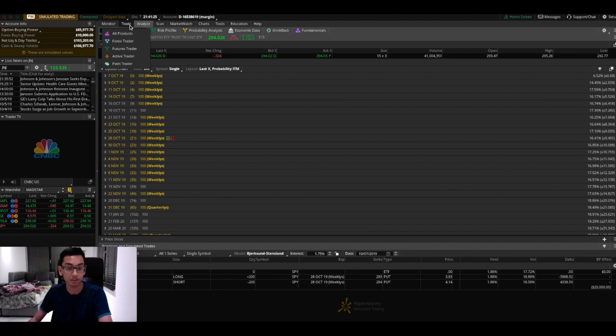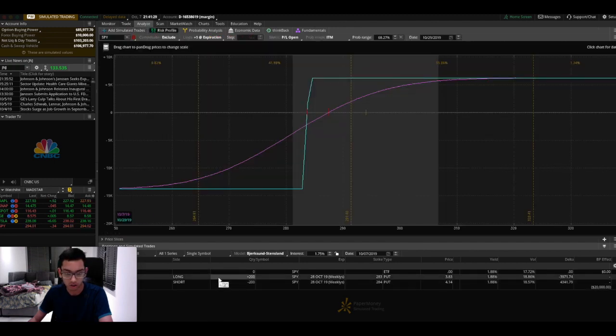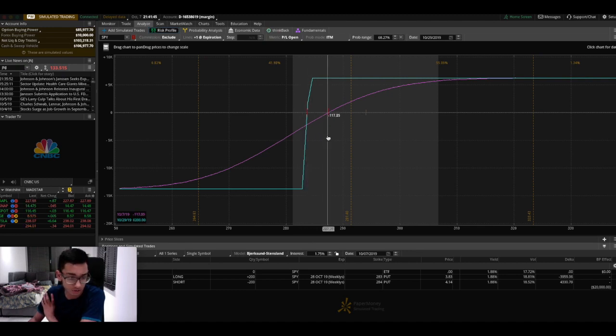So maybe I could have showed you my analysis of the trade. Yeah, that's my trade. In my trade, I need to concentrate on this blue line actually. As you can see, my maximum profit is actually 6,200, and all I need is my blue line to stay above 283, and right now it's trading at 293.